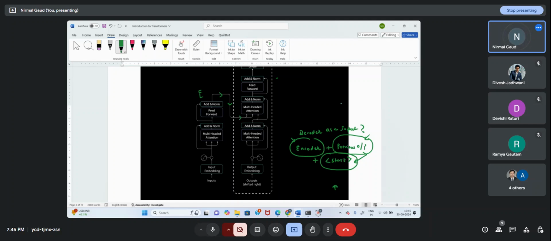ठीक है, अब ये तो एनकोडर मल्टी हेड में इट विल बी गिवन, बट नॉट just only the encoder output will be given to multi head.